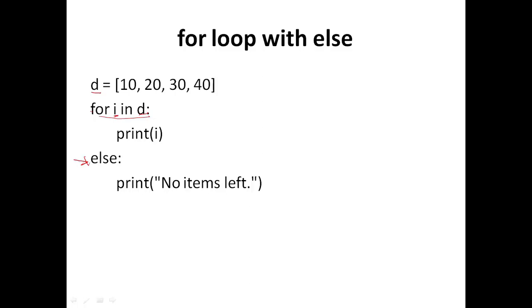So in this case first 10 will be assigned to this variable I, so the output of this line is going to be 10. Then 20 will be assigned to this variable I, so the next line output will be 20. Next 30 will be assigned to this variable I, so the third line output will be 30, and finally 40 is going to be assigned to this variable I, so 40 will be printed, and there are no more elements left, and this for loop has terminated normally.